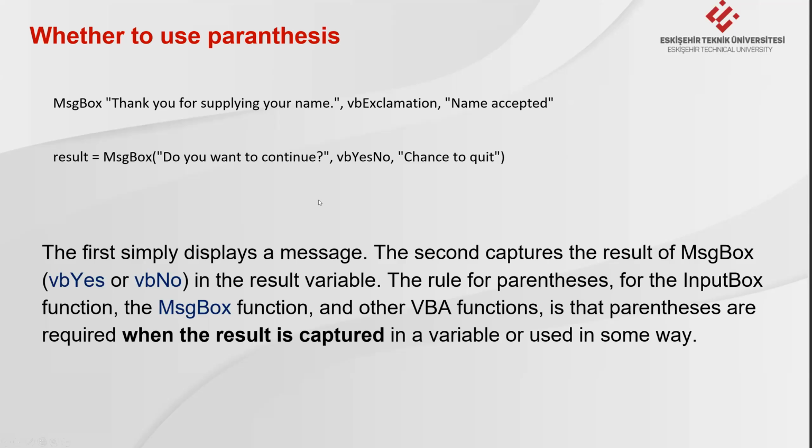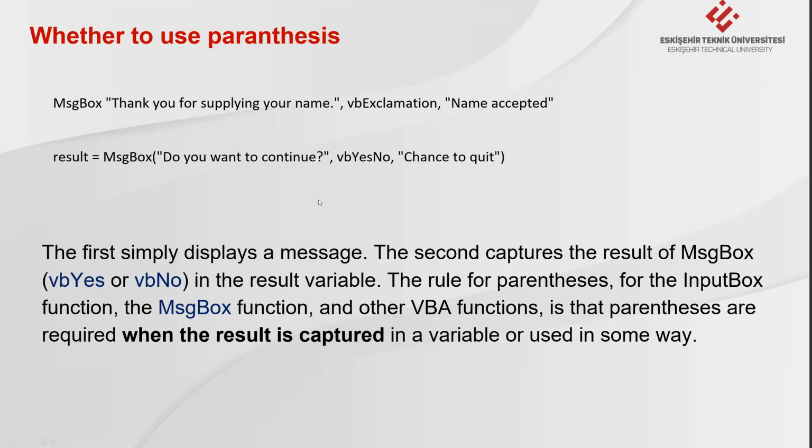Okay, so the second line captures the result of the message box as vbYes or vbNo in the result variable, as you see in here. So in the second line we capture something, but in the first line we just simply display a message.